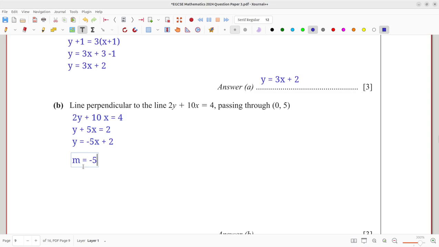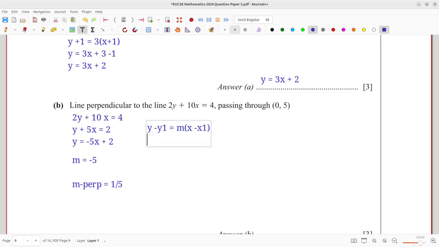Then a line perpendicular to this one, you know, what number can you multiply negative 5 with to get a negative 1? So that number must be 1 over 5. Then now we have the gradient and the point. Then y minus y1 is equals to m into x minus x1.